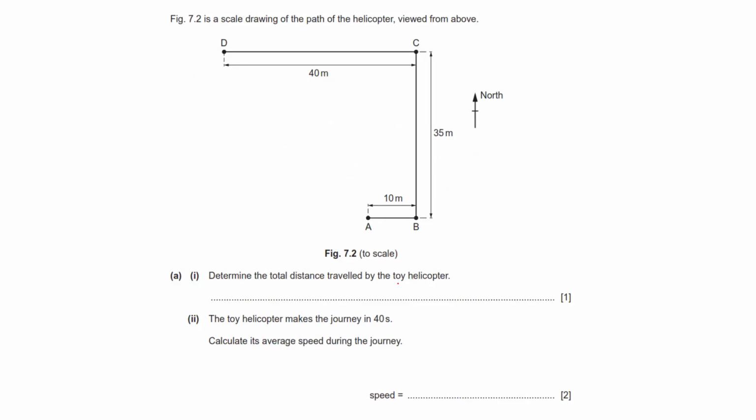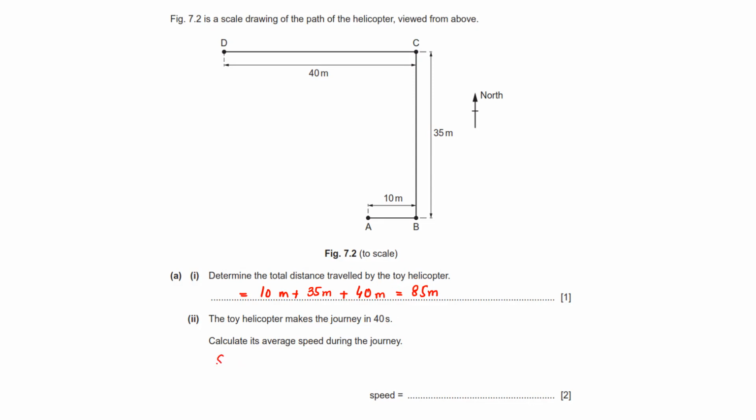Determine the total distance traveled by the helicopter. So total distance traveled will be 10 meters plus 35 meters plus 40 meters. So total distance will be 85 meters. Okay. The toy helicopter makes a journey in 40 seconds.